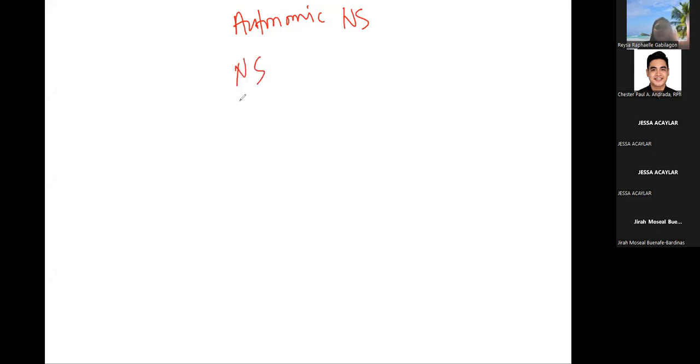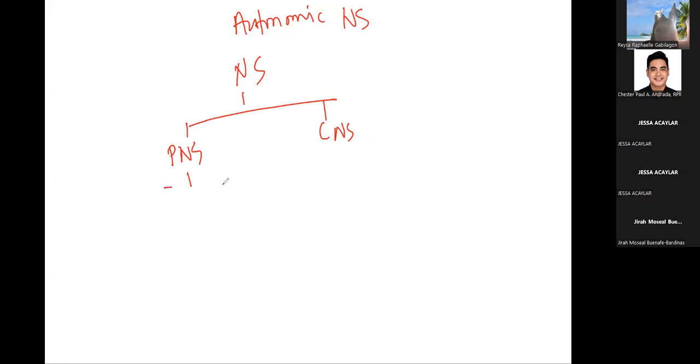Siyempre, we have the nervous system, and then this one is further divided into two, the CNS and the PNS. Siyempre, the CNS, the central nervous system, we have the brain and the spinal cord. And then everything outside the brain and the spinal cord is governed by the PNS, the peripheral nervous system.